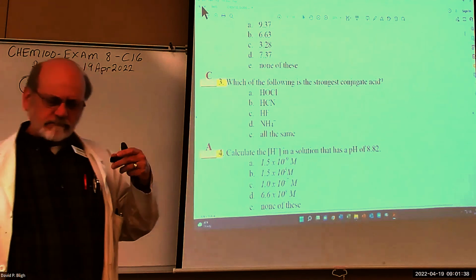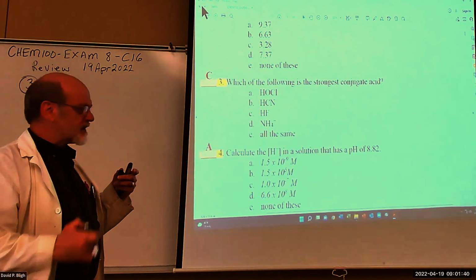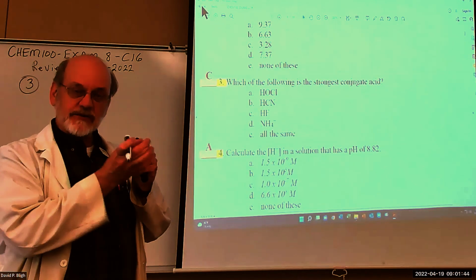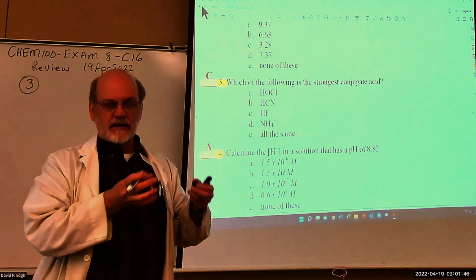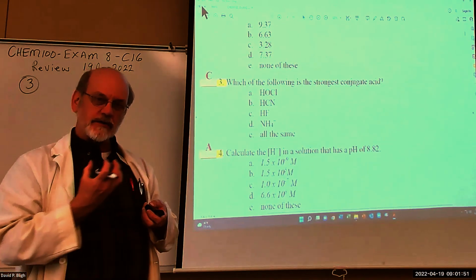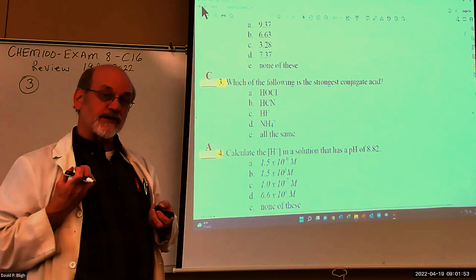Okay. I think the best approach to this problem is to look at the group that's attached to the hydrogen. The strongest acid is going to be the one that draws the most electron density to itself.